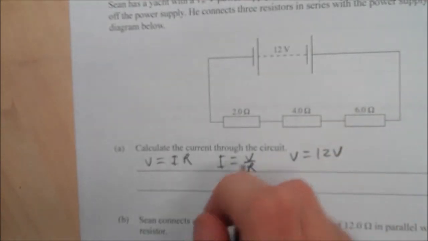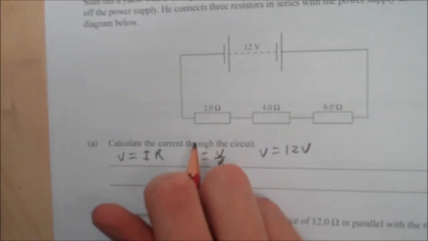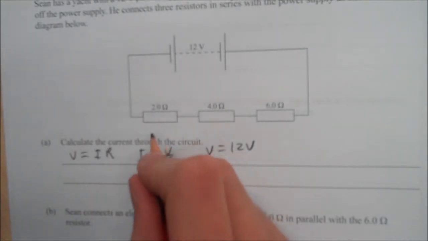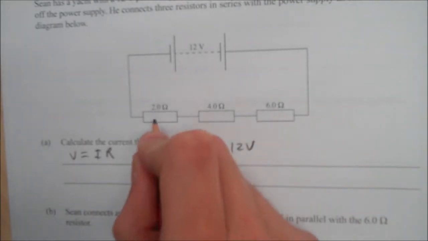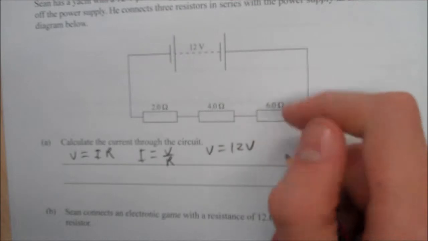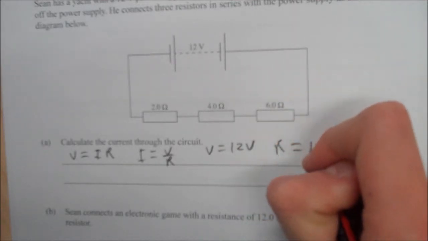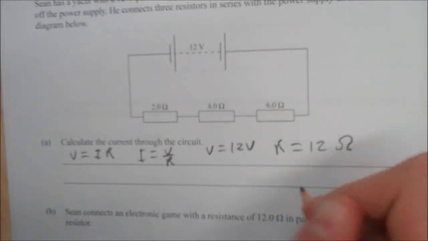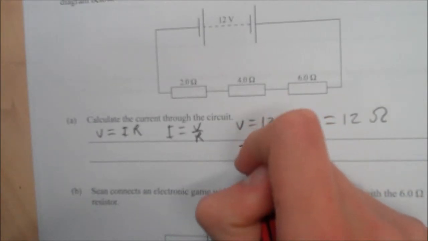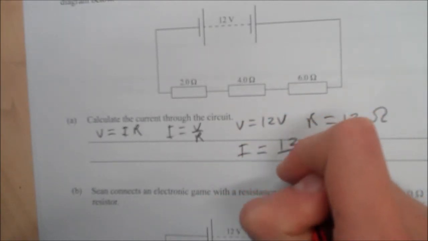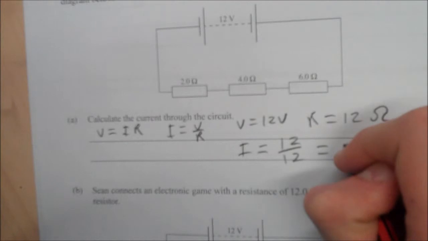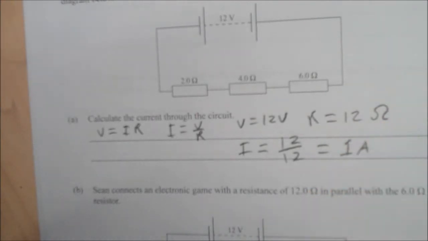And because these resistors are all connected in series, the resistance is just going to be 2 plus 4 plus 6. 2 plus 4 is 6, plus 6 is 12. So the resistance is equal to 12 ohms. That means the current is 12 over 12, which is just 1 ampere.